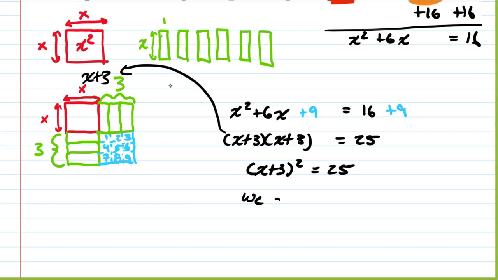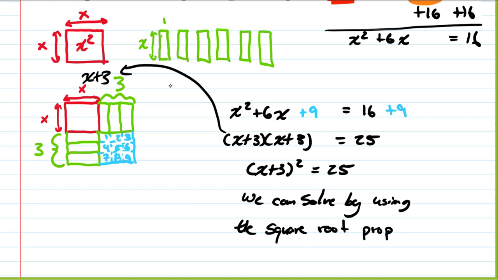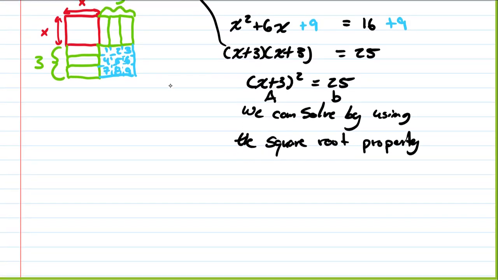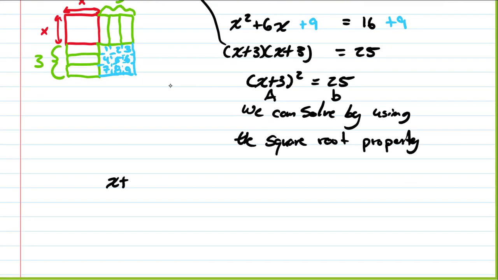So we can solve by using the square root property. So in this case, we would have our a and our b, so we would end up with x plus 3 equals the negative square root of 25, or x plus 3 equals the positive square root of 25.